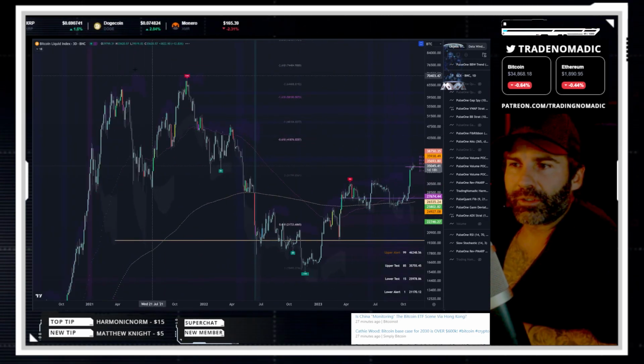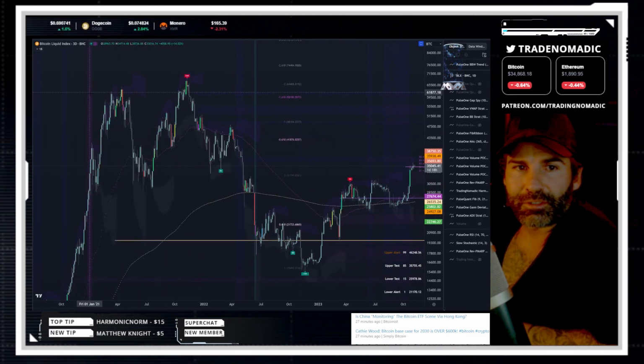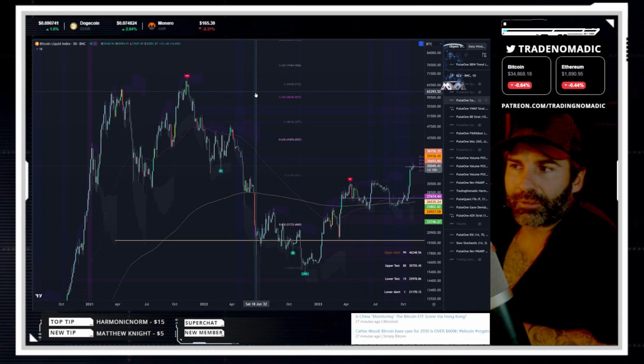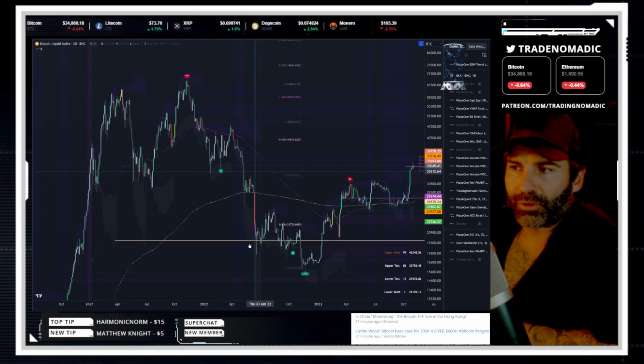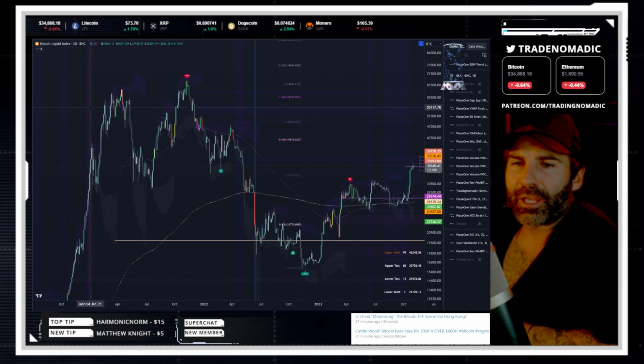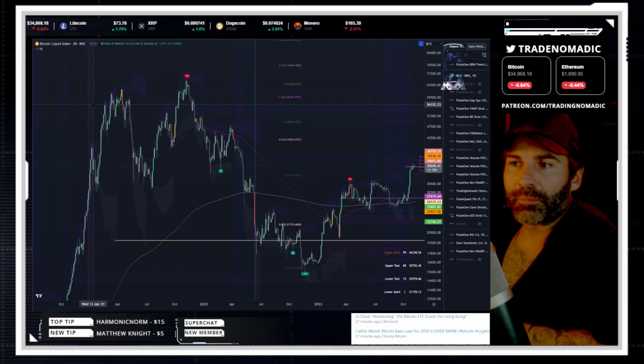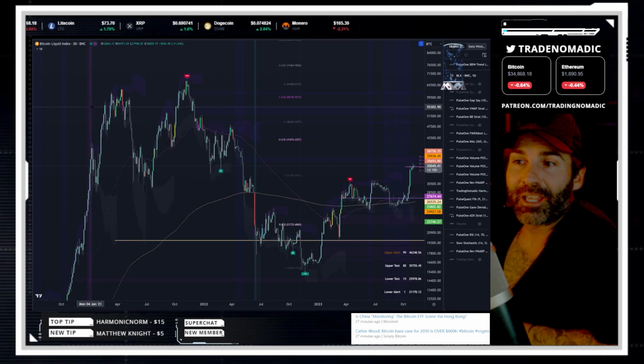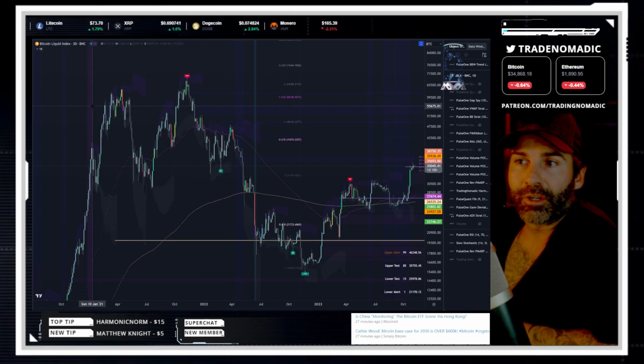The other, if you can see the shading, these little vertical lines coming down here, this is a layover of the PMARP indicator.